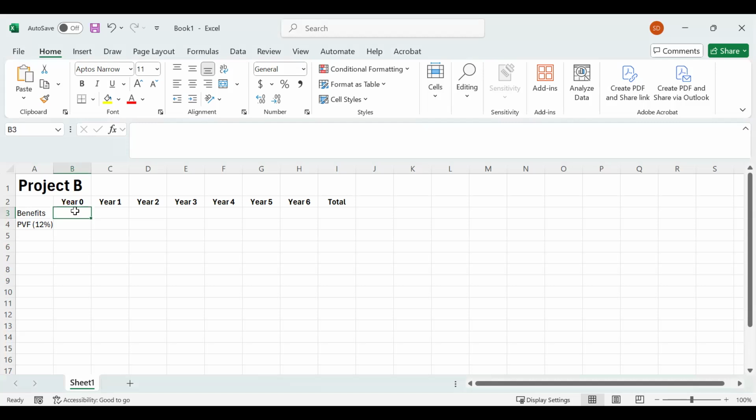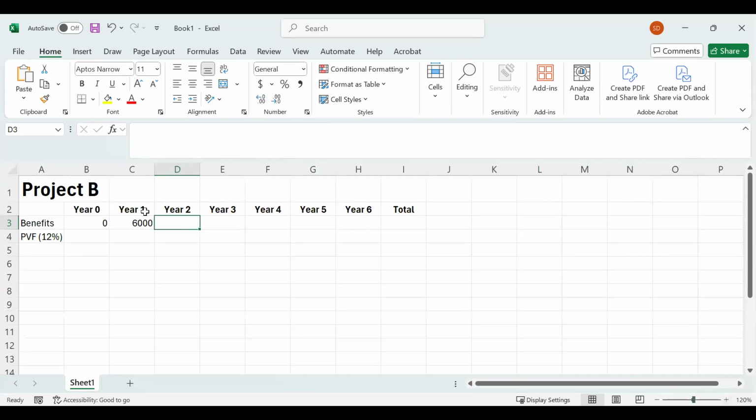For the benefits, we don't have anything for the first year. Then we have 6,000, then 26,000, 54,000, 70,000, 82,000, and 92,000.